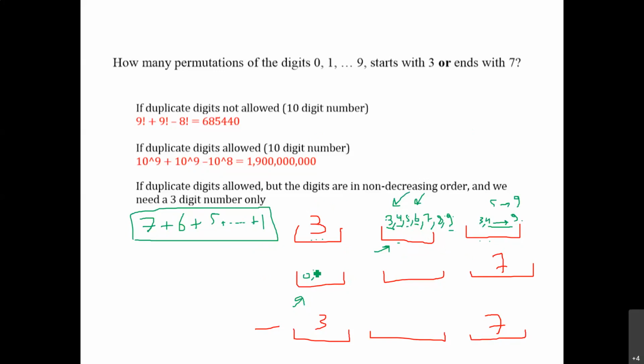Exactly, everything less than or equal to 7, because duplicates are allowed and non-decreasing. So for example, the number 777 is allowed, it's non-decreasing. So 1 all the way up to 7.